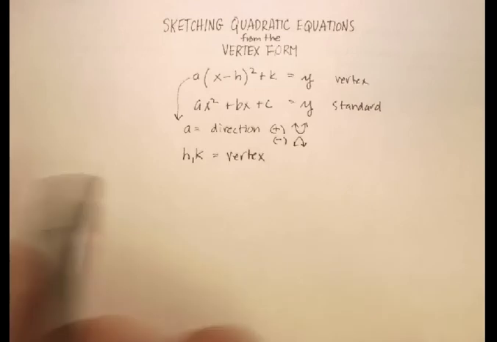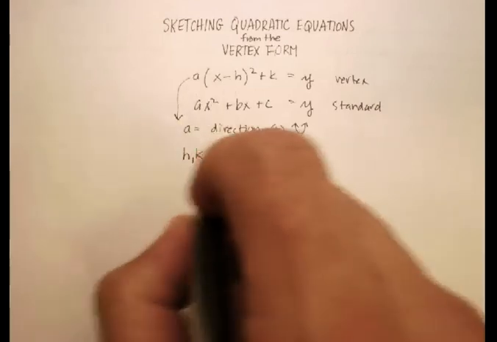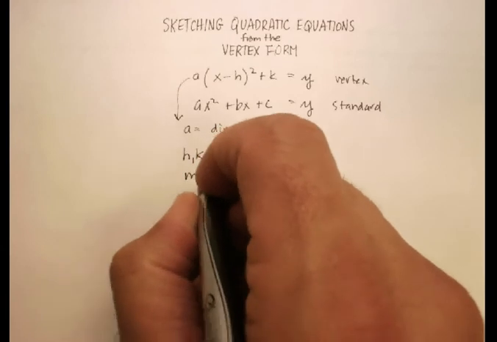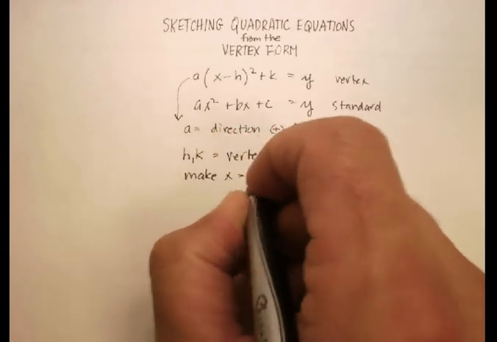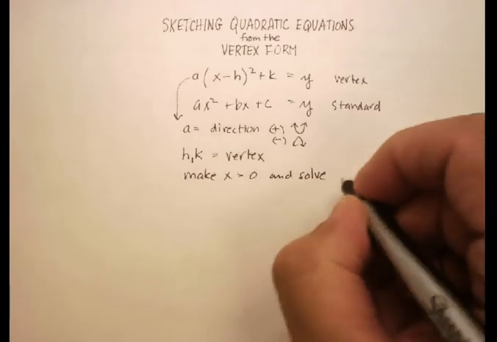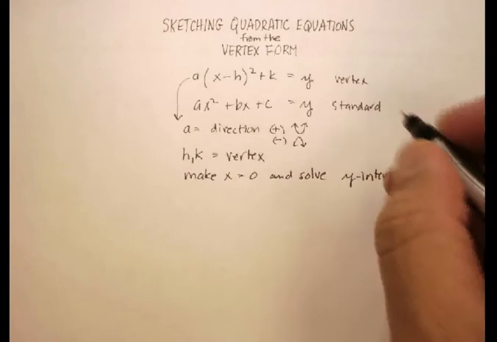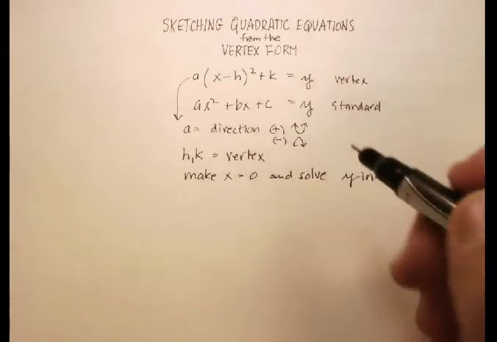The y-intercept is when we make x equal to 0. So let's make x equal to 0 and solve, and that will find your y-intercept. A little bit more difficult than the standard form, where it's just the c value.